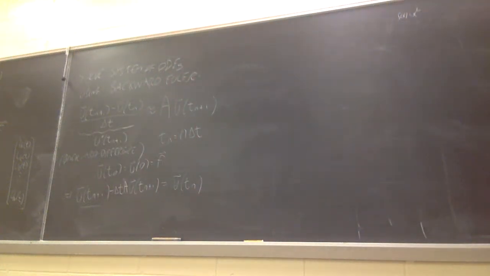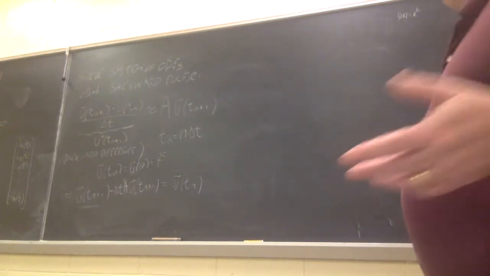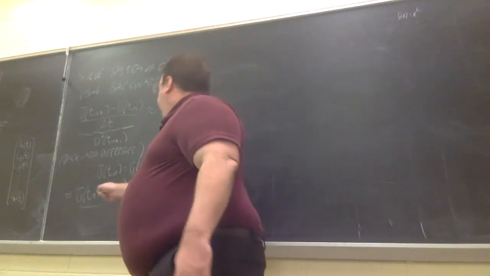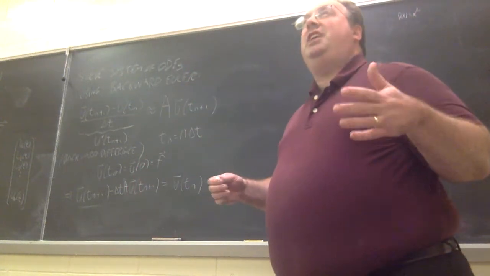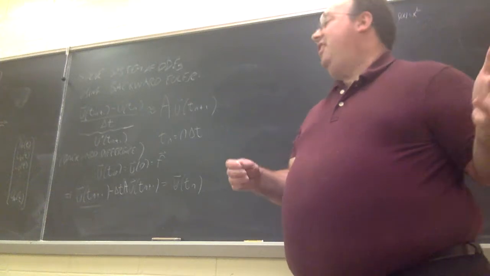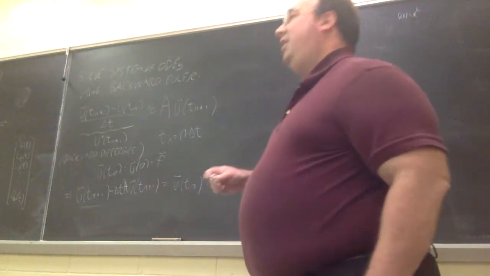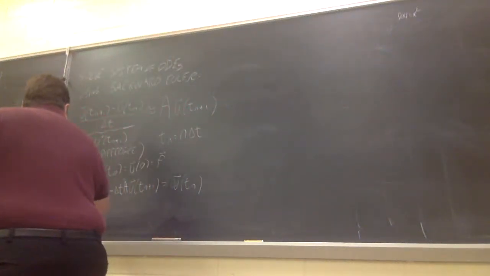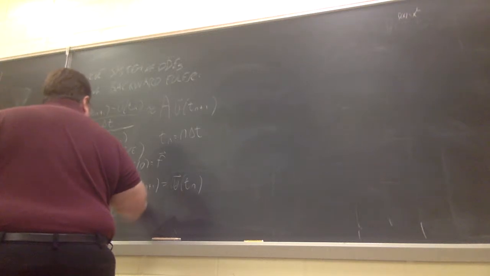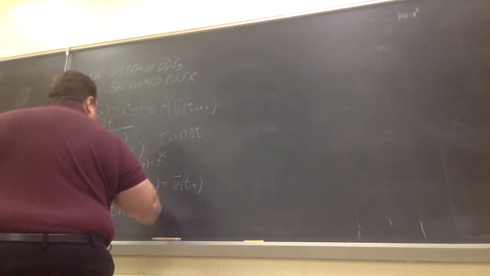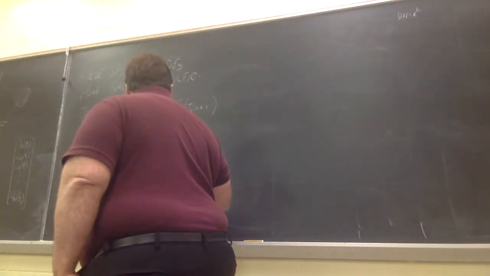So u of tn is known. u of tn plus 1 is our unknown. So now you're going to factor it out. Now, with linear algebra, matrix multiplication, you've got to be careful. Order matters. I can only factor out u of tn plus 1 to the right. So I can write it this way: identity matrix minus delta t A, times u of tn plus 1, is equal to u of tn.